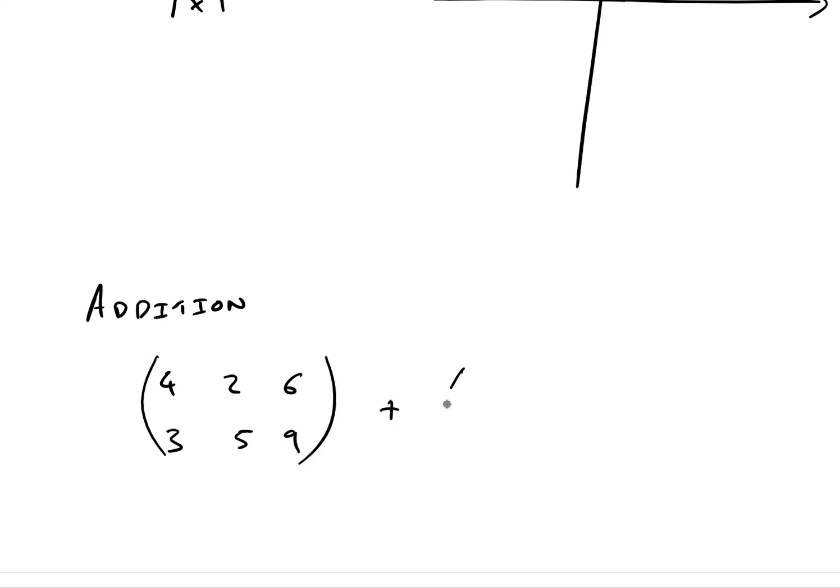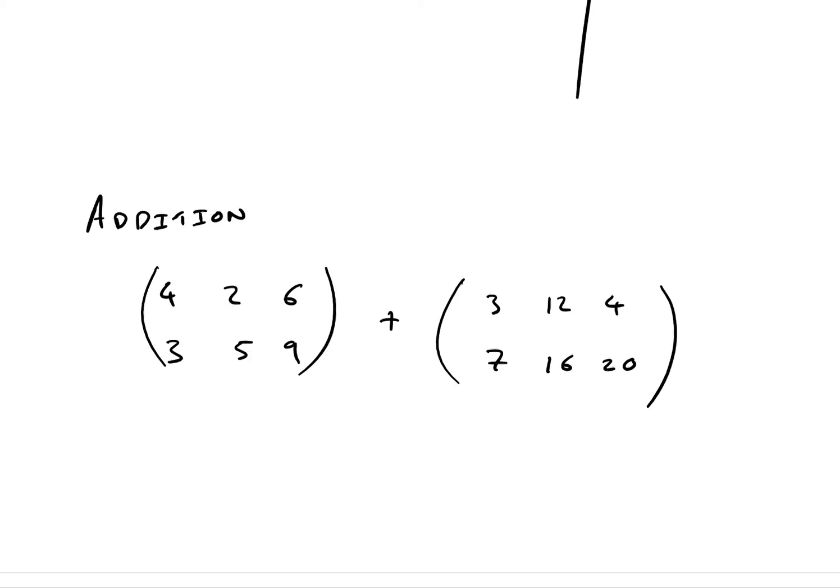Okay, so first of all let's deal with addition. Let's say we have a matrix 4, 2, 6, 3, 5, 9. Okay, and we want to add that to another matrix. Let's say 3, 12, 4, 7, 16, and 20.